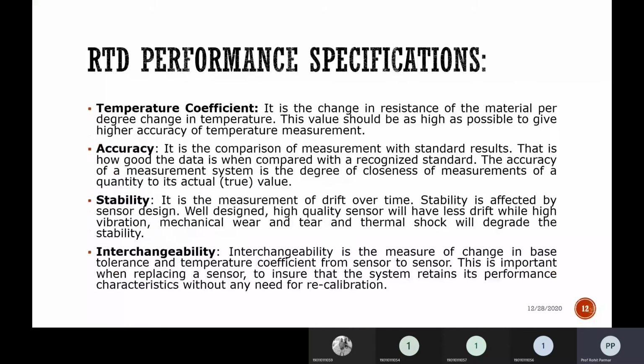Here some performance specifications are listed in this table. First one is temperature coefficient, which we have already discussed. Accuracy, it should be more accurate. Stability, it should be more stable. Interchangeability, that means if some part of the sensor needs to be replaced, that should be possible.